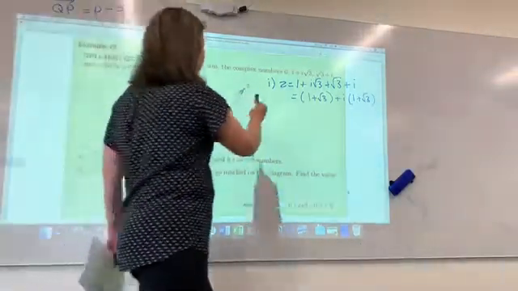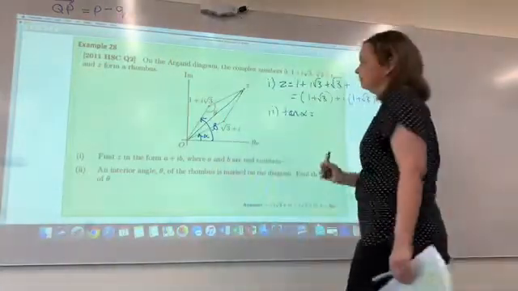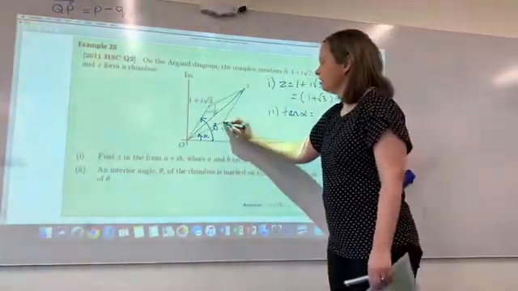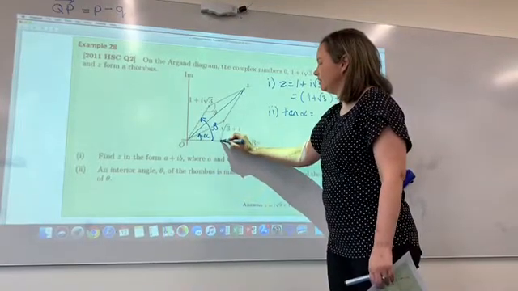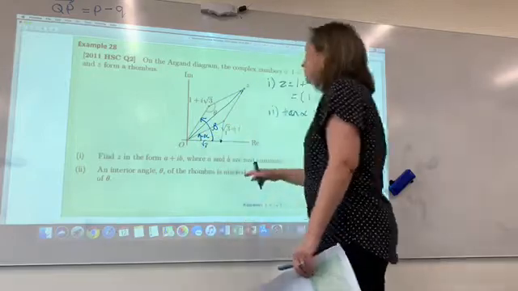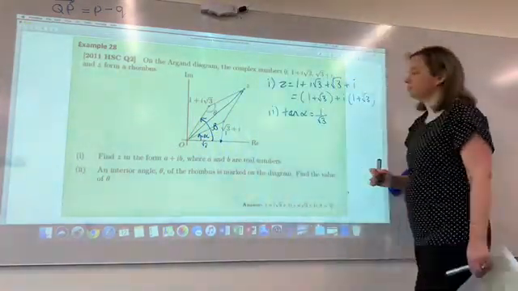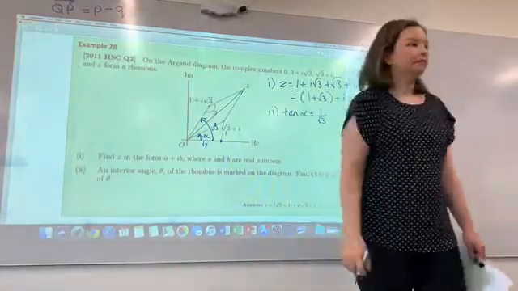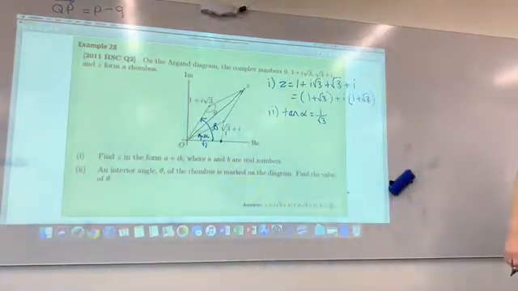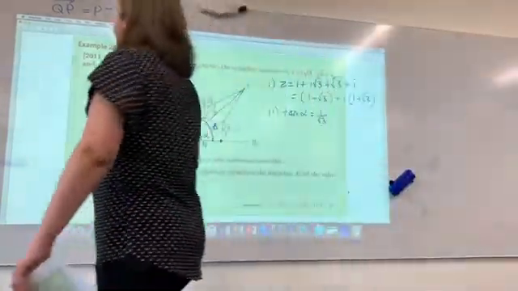Okay, so tan alpha. Thinking about where that is, tan alpha in there. So that would be root 3, that would be 1. Tan alpha is 1 on root 3. Who knows what that is without the formula sheet? Pi on 6?